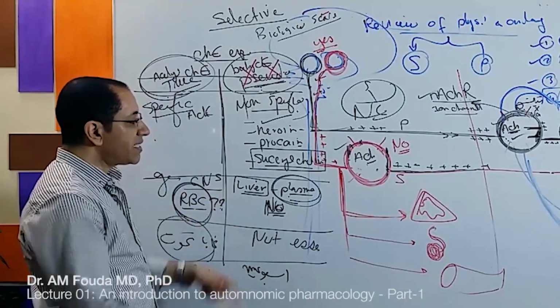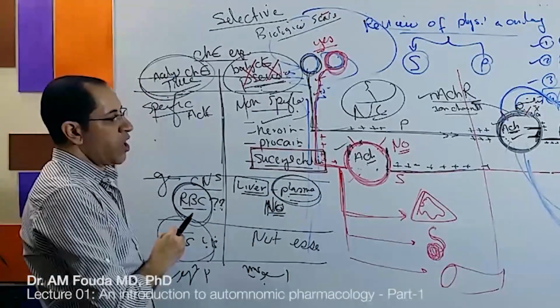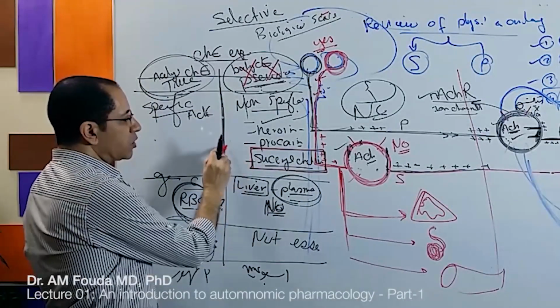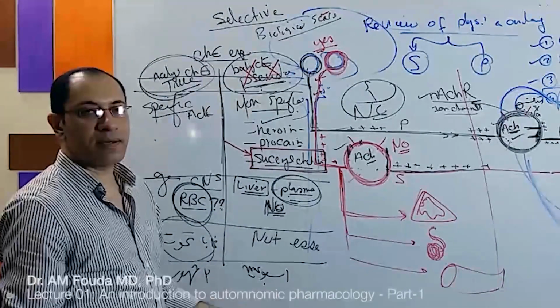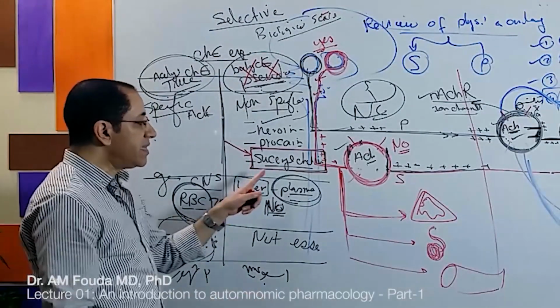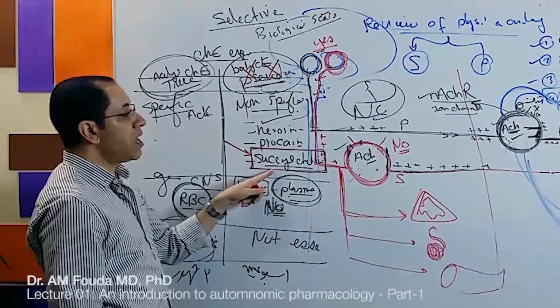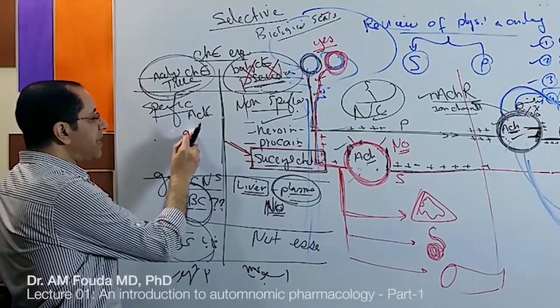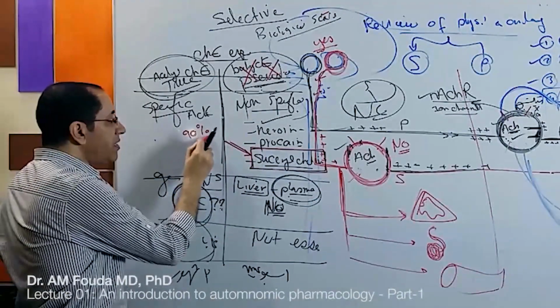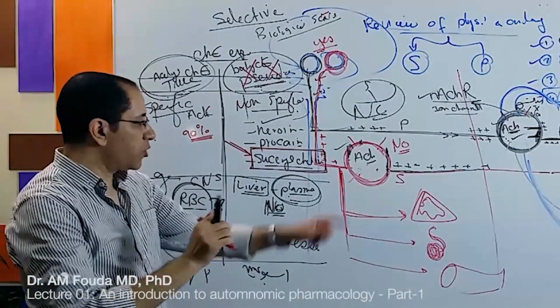So before obtaining the desired effect on skeletal muscle, 90% of the drug is eliminated by pseudocholine esterase enzyme. So the amount of drug that escapes the action of the enzyme and reaches skeletal muscle to produce its desired effect is only 10% of the given dose.